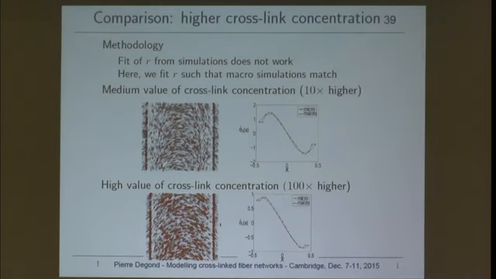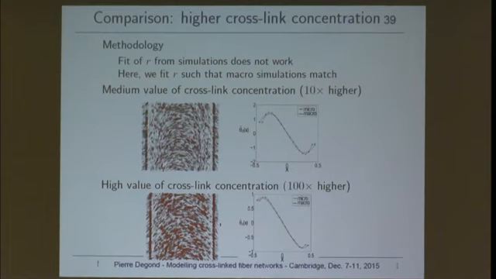However, when we increase the crosslink concentration, that fitting doesn't work. If we fit the concentration parameter against the simulation and we run the macroscopic model, we don't get a good agreement. So what we did instead is fit the R directly on the macroscopic model. This is the best value of R in order to fit the microscopic to the macroscopic simulations.